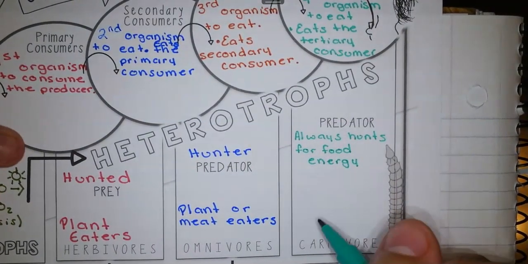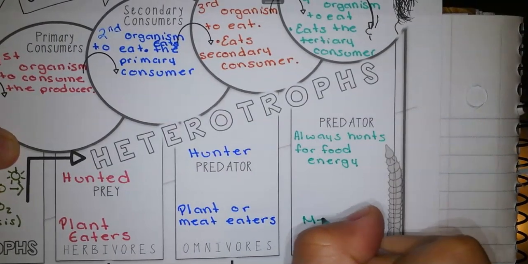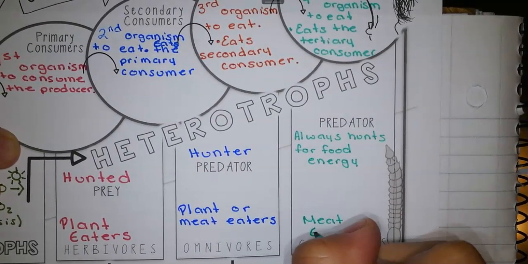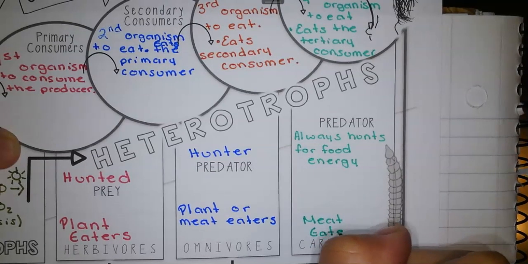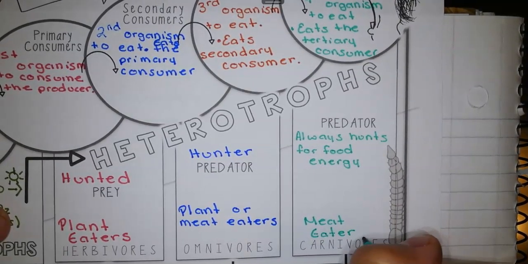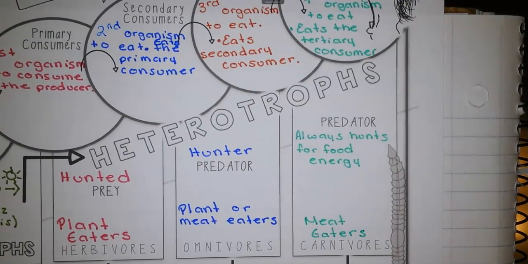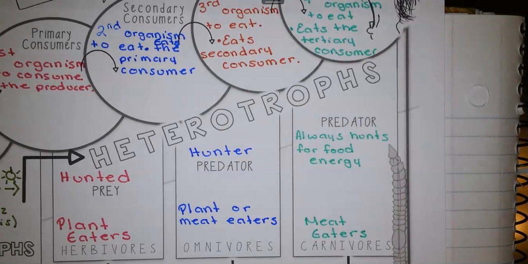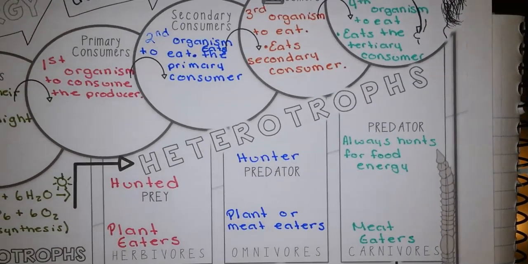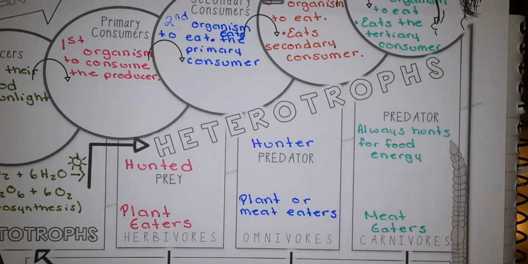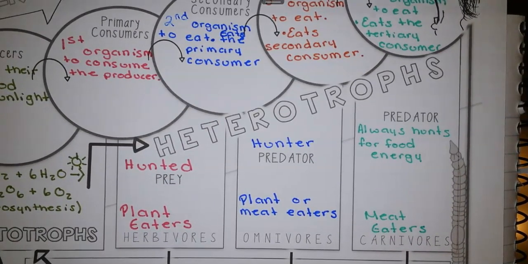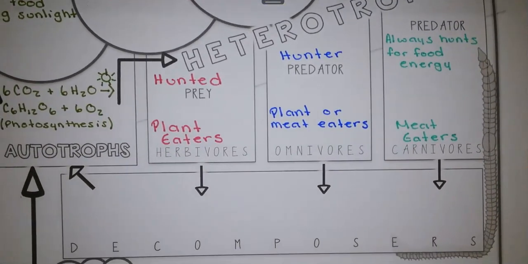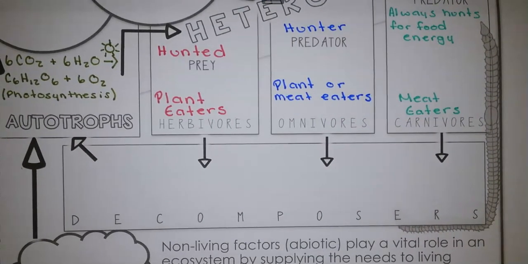And it is a carnivore, which is a meat eater. Now, if any of these, either a herbivore, an autotroph, an omnivore, a carnivore, they die, well, they're going to be getting decomposed by the decomposers.